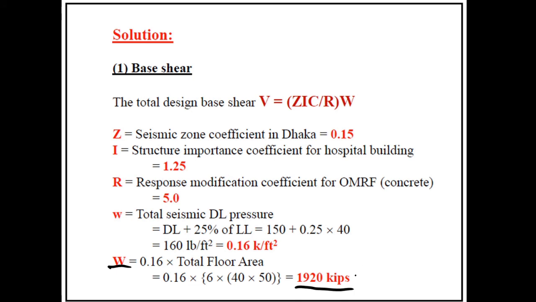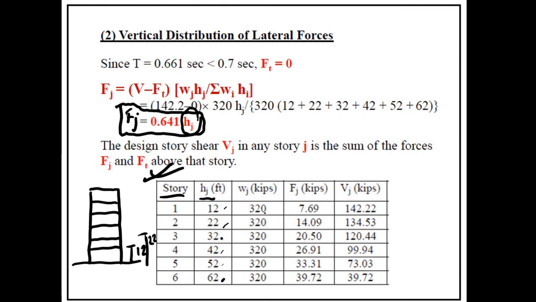For each story, or each floor, it will be 1920 divided by 6, which is 320. So plugging the value of Wj, for the first story it will be 12 into 0.641, so it will be 7.69 in total. For the second story it will be 0.641 into 22, so it will be 14.09. In this way we will calculate it up to the 6th story, and then we need to assign the lateral forces.